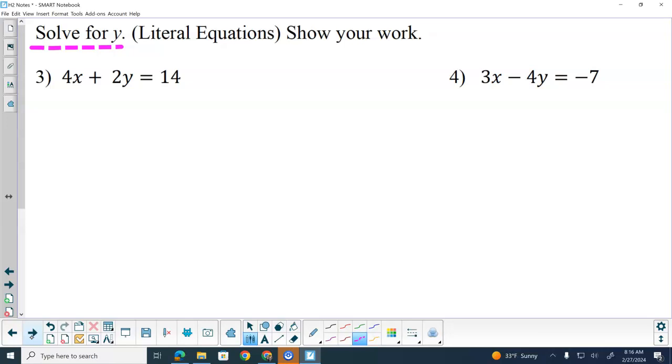Now that we're solving for y, because we have two variables, what is our final answer going to look like? Kirsten, how do we want our answers to look? When we were just regularly solving up until like 45 seconds ago, how did we want our answers to look?